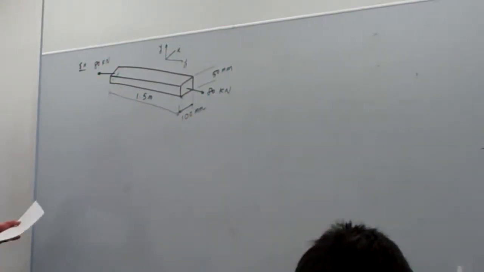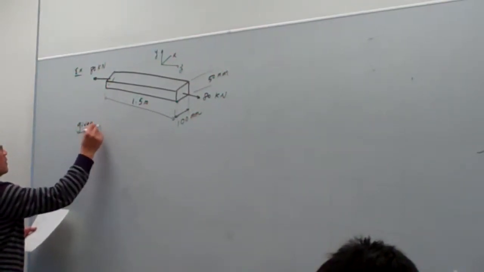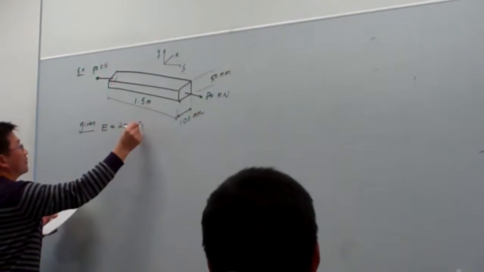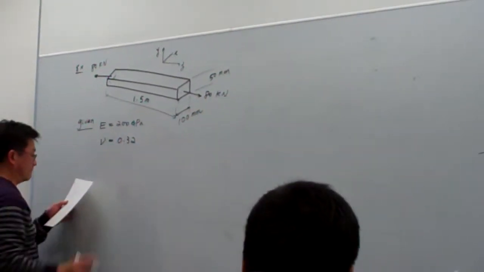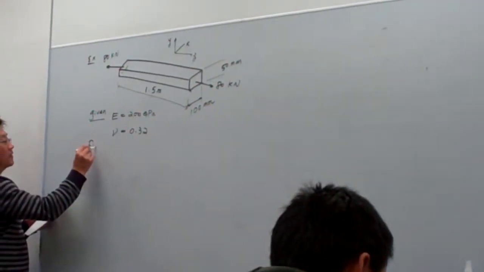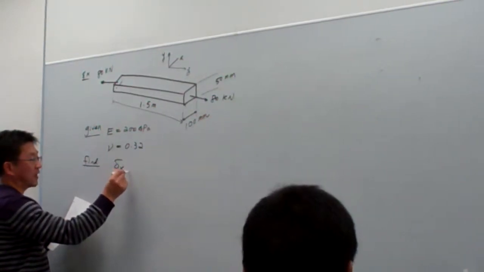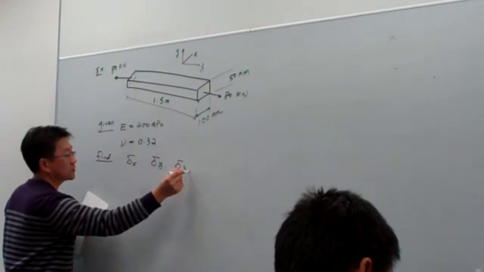We are given E equal to 200 GPa, and the Poisson ratio is 0.32. We are going to calculate the deformation in the X direction, the Y direction, and the Z direction.